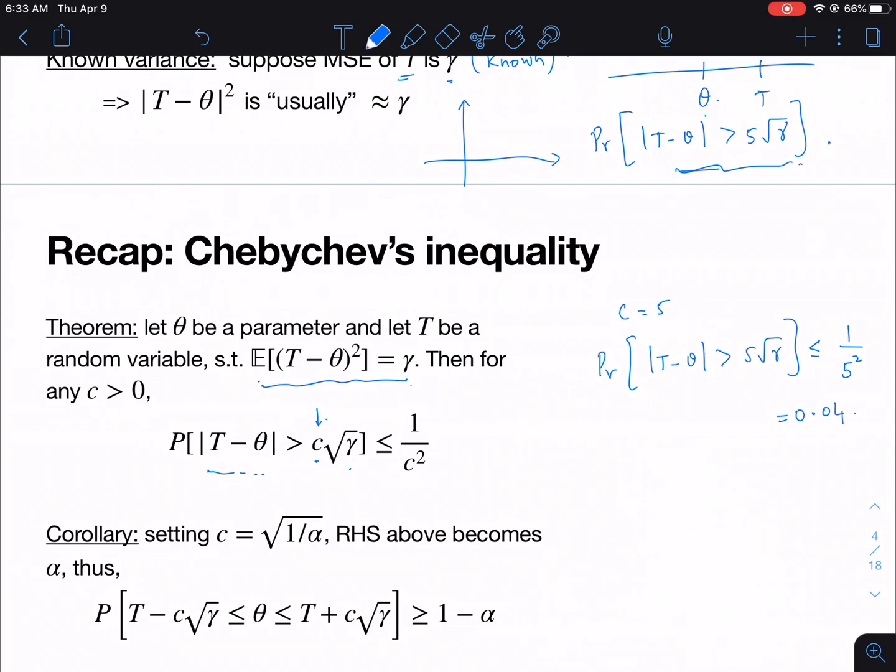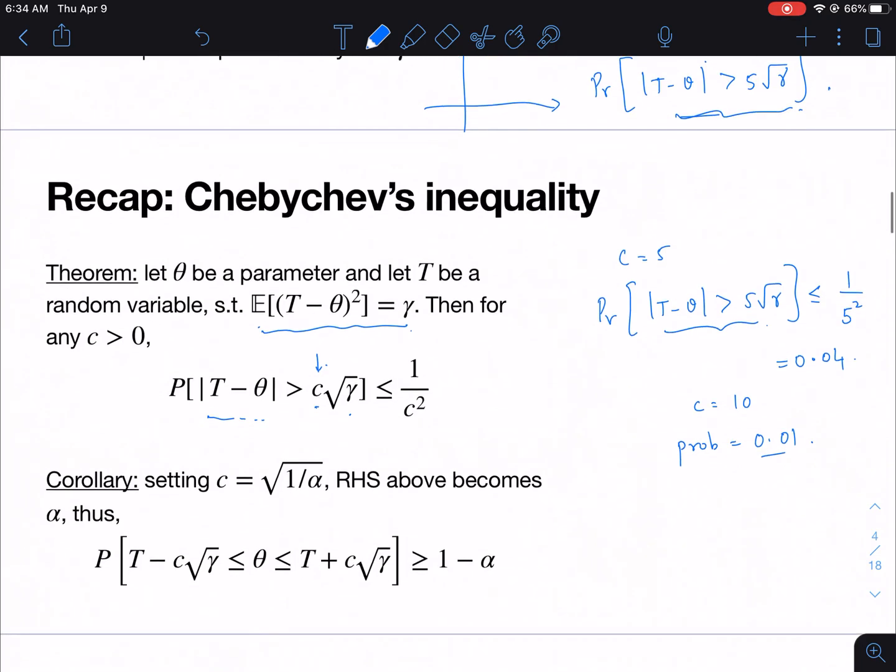If you put c equals 10, the probability will be 0.01, which is even smaller.